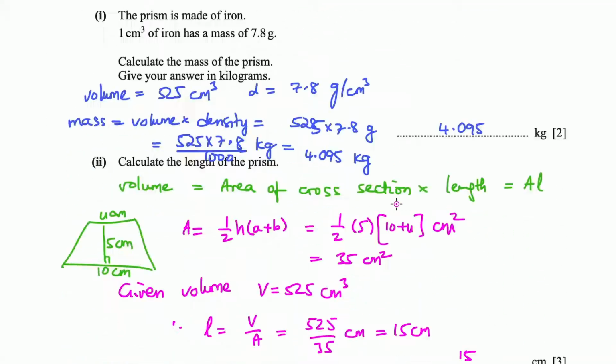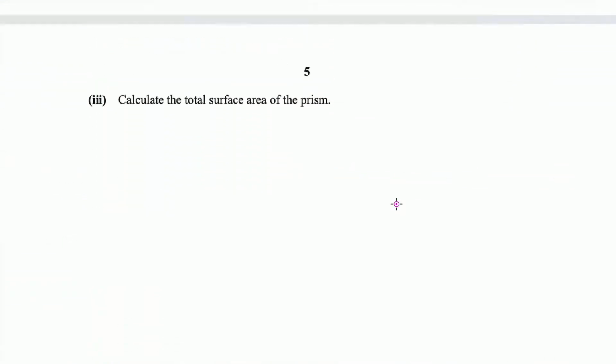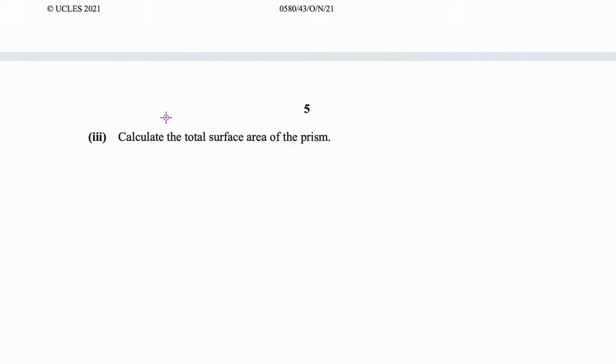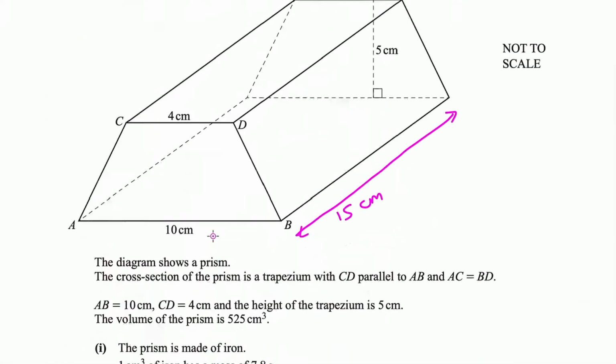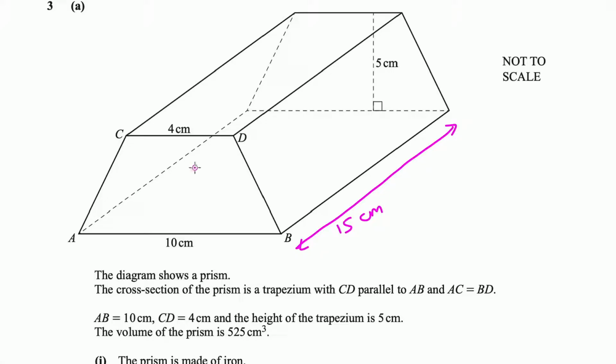Okay, so the total surface area would be equal to 2 into 1 by 2 h into (A plus B), plus, I have covered this side and this side, the front and the back.